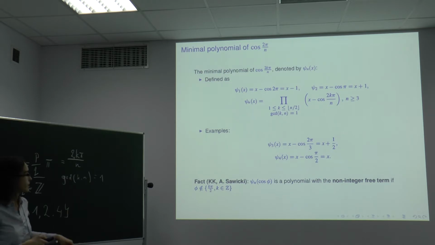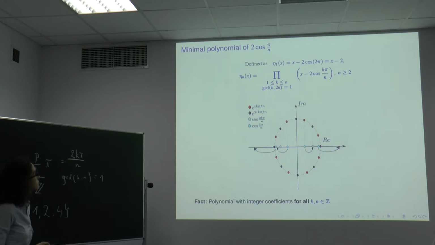In all other cases, this polynomial has at least one coefficient which is a rational number but not an integer. We do not know the general formula for the coefficients. However, we can very easily show that this non-integer coefficient is the free term.